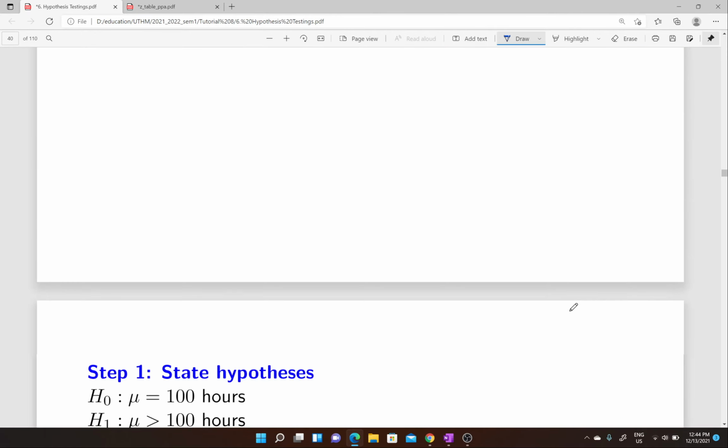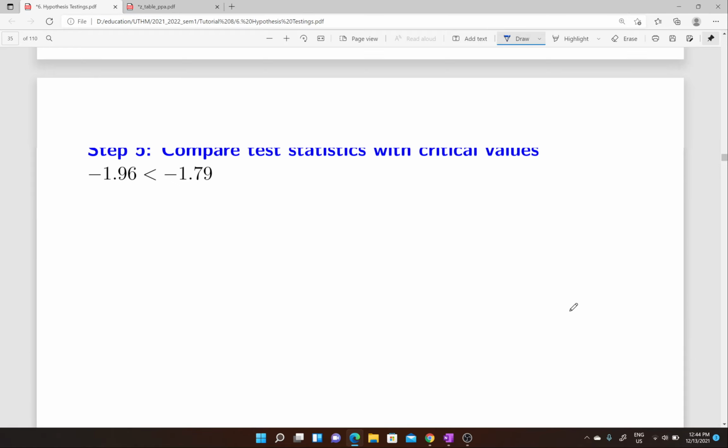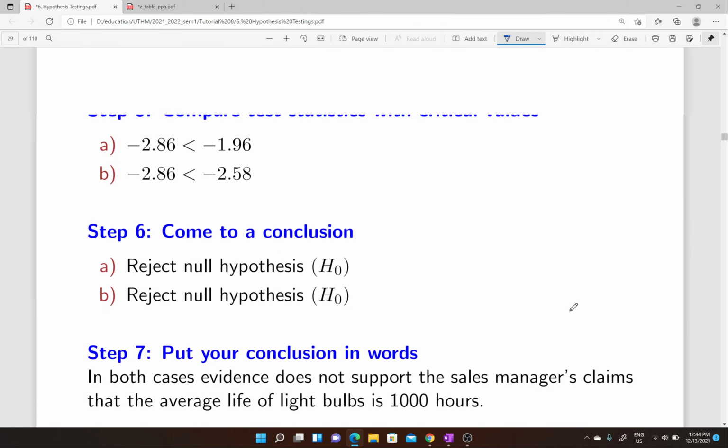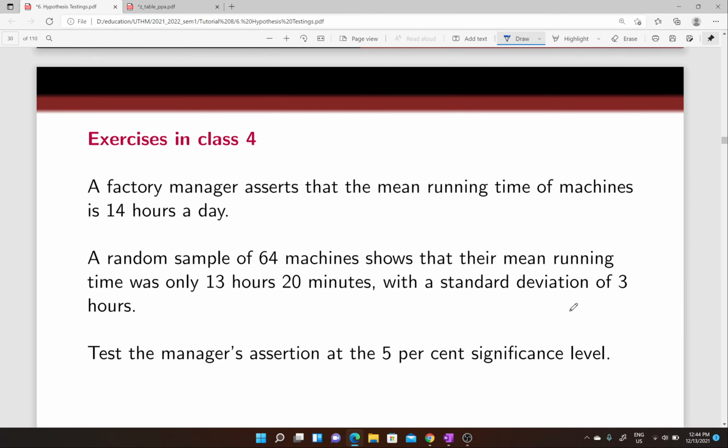Okay, one last one. Maybe you can try one last one. Try this one.